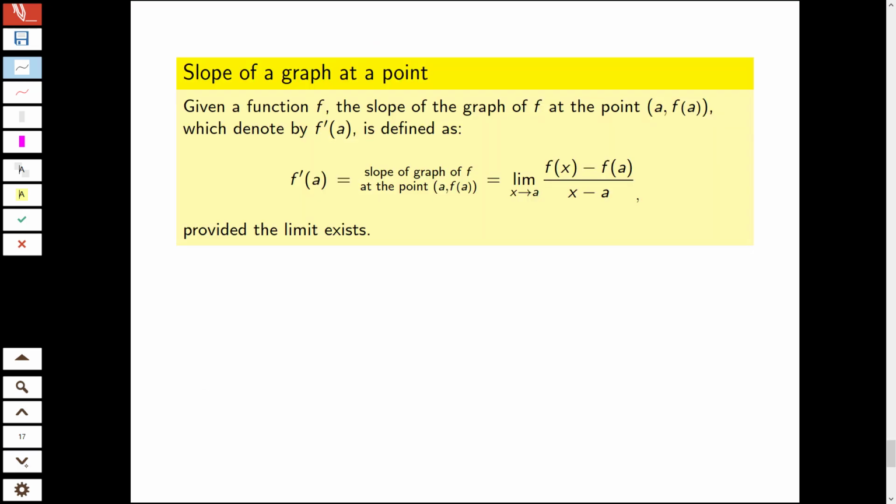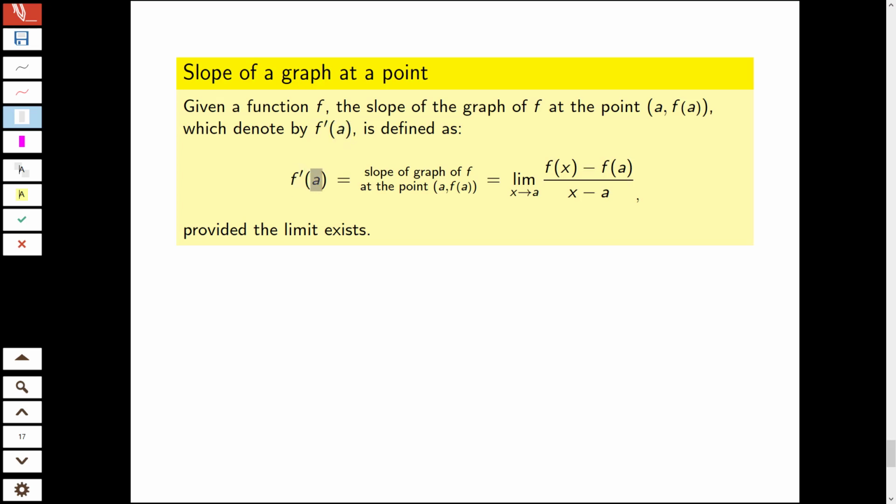So here I'm going to highlight to summarize what we've done. If I have a function f, we're going to define the slope of the graph of f at this point a, f of a, which we're going to denote with this expression here. So we read this as f prime of a.